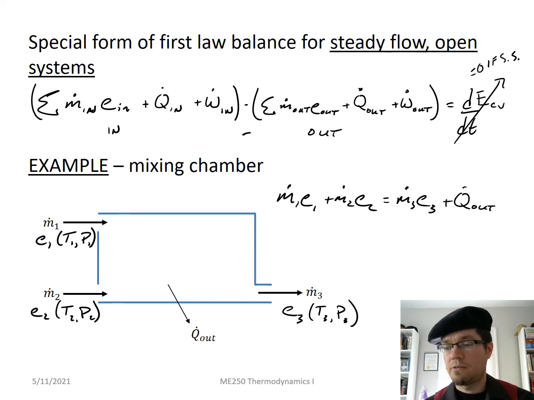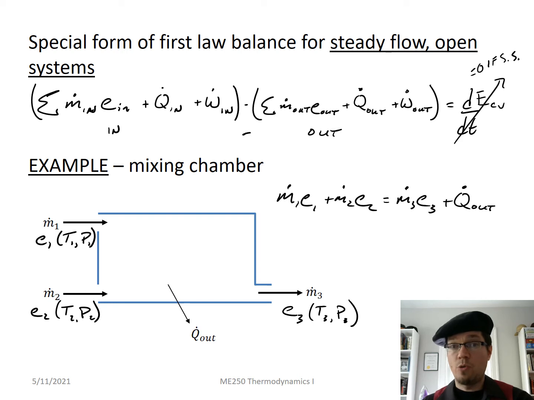If you take a look at it, we don't see anything that would cause work to be flowing in and out of this system. We don't have any pumps or shafts or things compressing it or having it expand. So there's no work going on there. We're assuming that it's a mixing chamber of hot gases, so the system is heating up and losing heat to the environment. There's no other way that heat would be flowing in, though, except through those inlets, and those we've already covered.